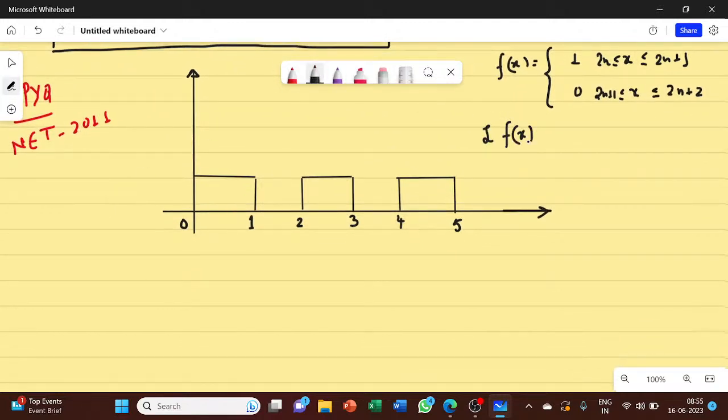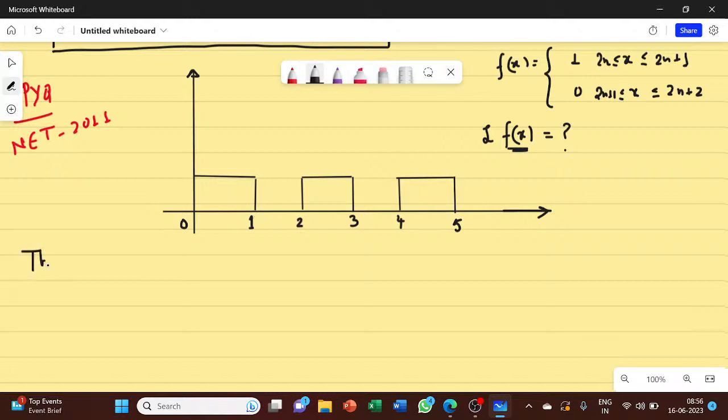One needs to find what will be the Laplace transform of this particular function. So how to go about it?